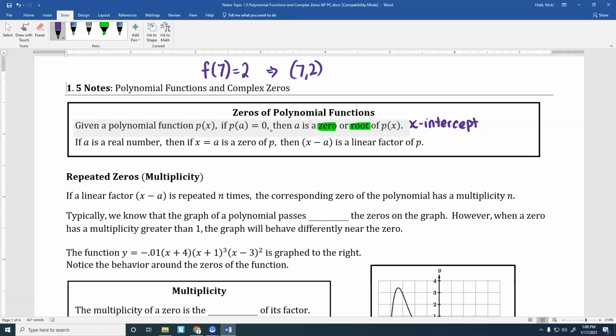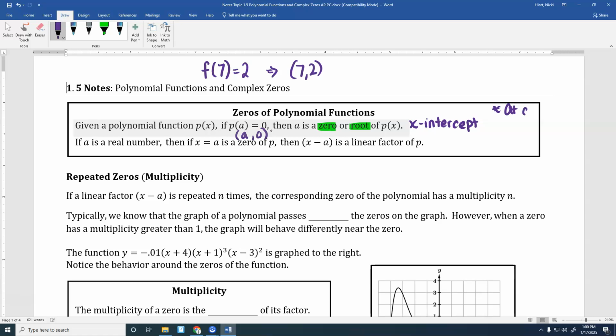So when we see p of a equals 0, that is the point a, 0. So at an x-intercept, the a could be any number, right? What does the y-coordinate have to be?